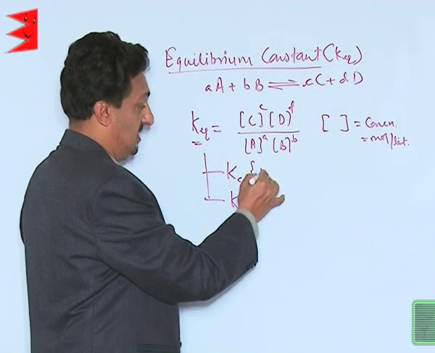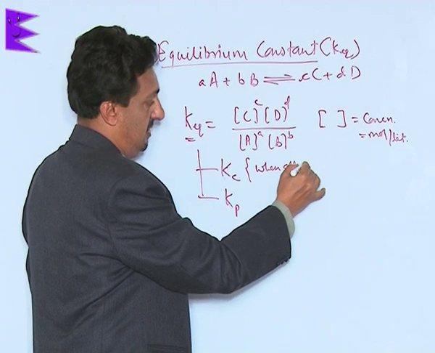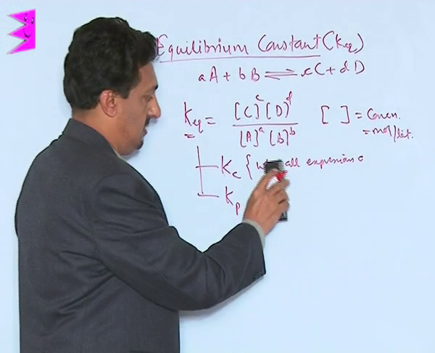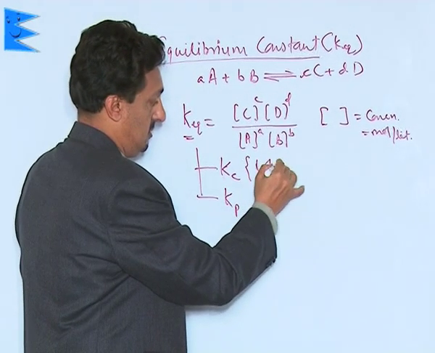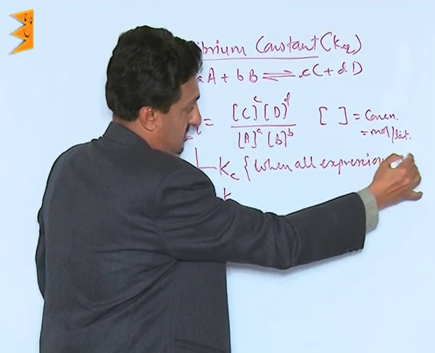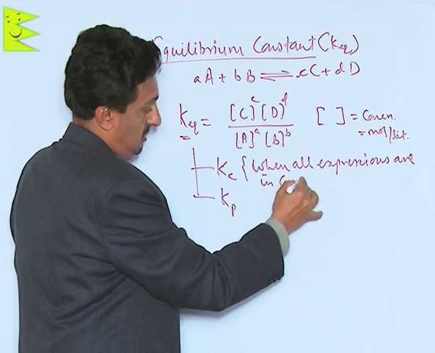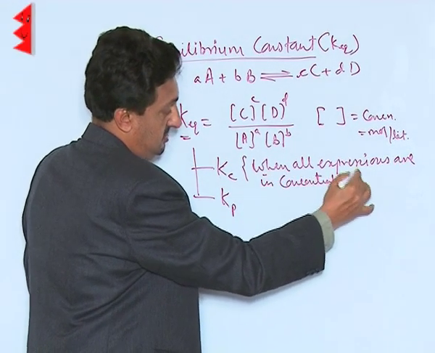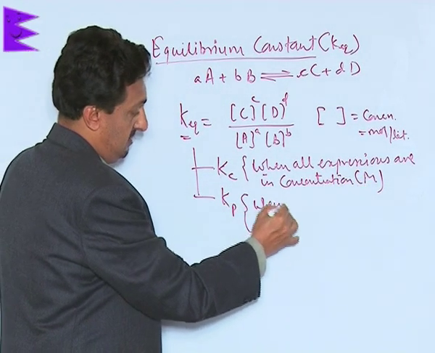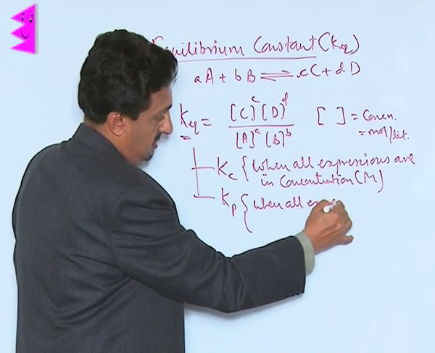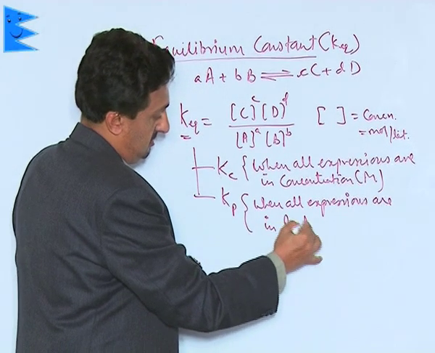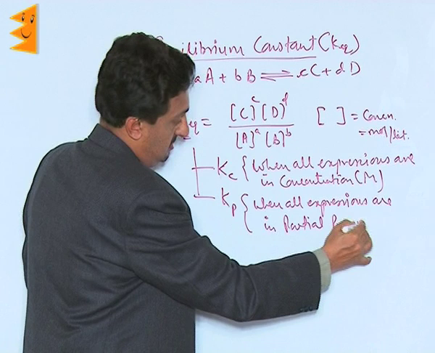So it is Kc when all expressions are in concentration, that means in molarity, and we write Kp when all expressions are in partial pressure.